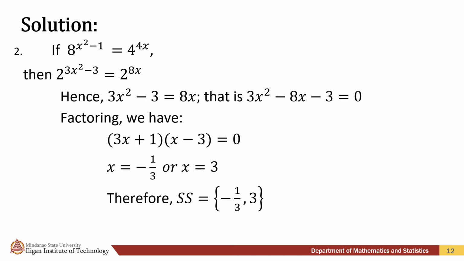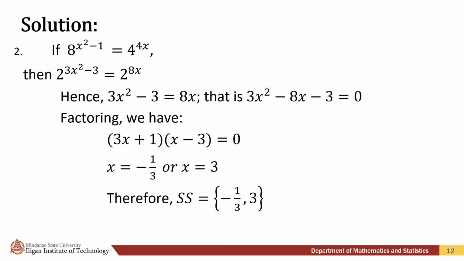Hence, 3x squared minus 3 is equal to 8x, meaning to say, this exponent 3x squared minus 3 is equal to this exponent 8x. That is, if we try to transpose 8x on the other side, we will have 3x squared minus 8x minus 3 is equal to 0.